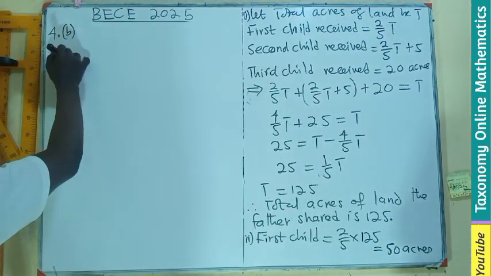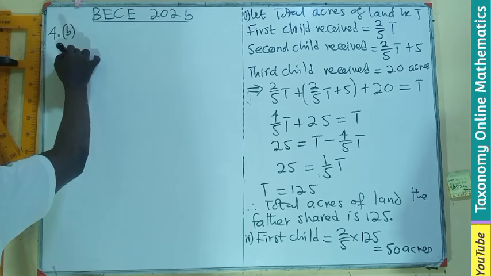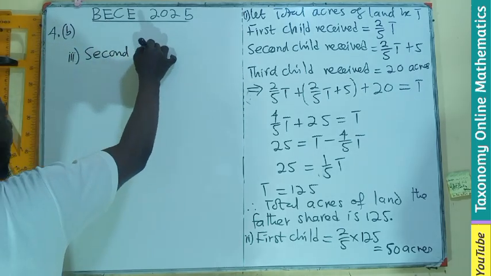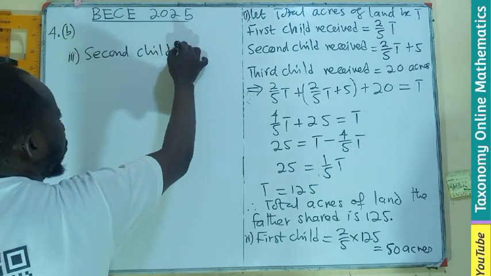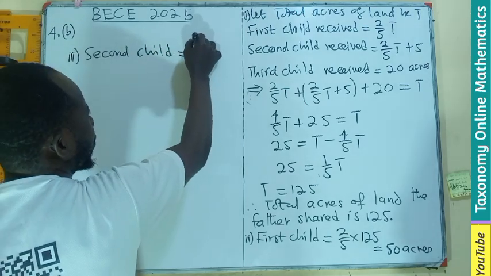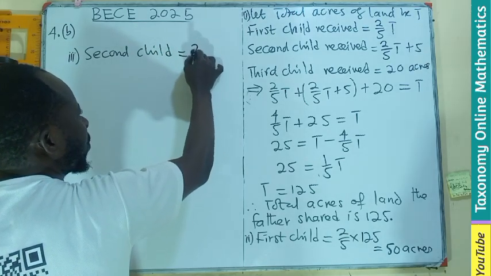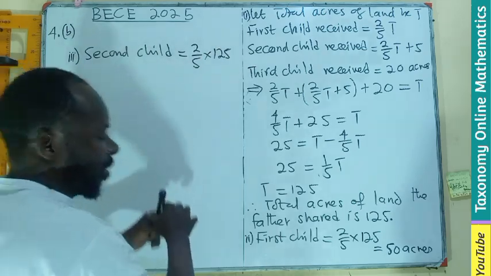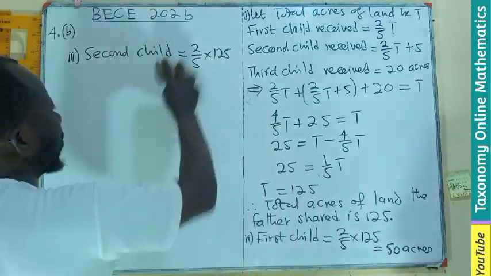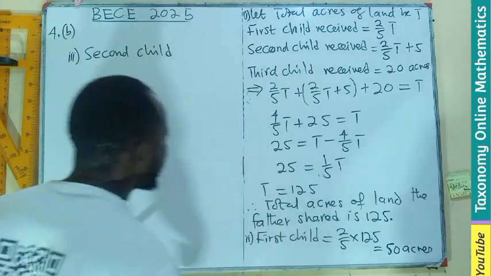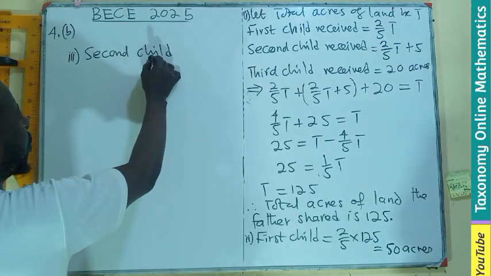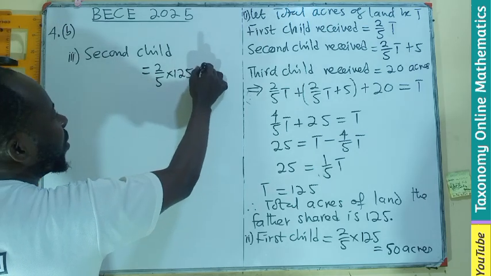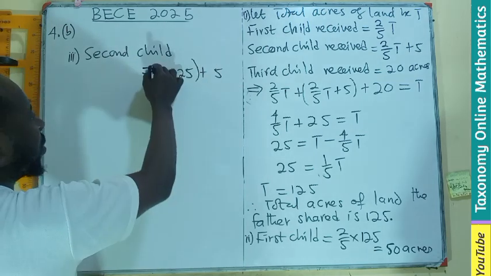So for the Roman number 3, second child will receive 2/5 of 125 plus 5.